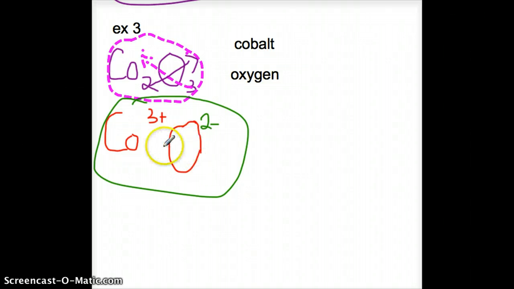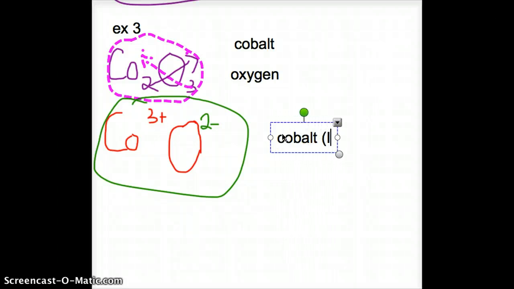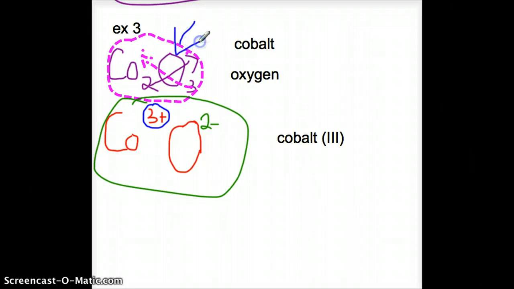Therefore, this chemical formula would be written out as cobalt (III), because cobalt has its original charge of 3 plus. When we wrote out this chemical formula, we know that cobalt 3 plus was used.